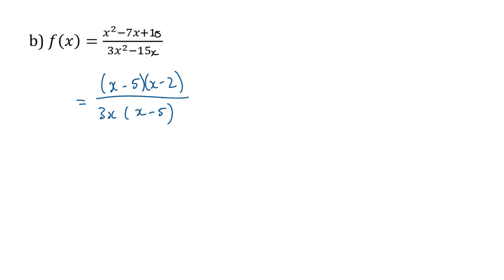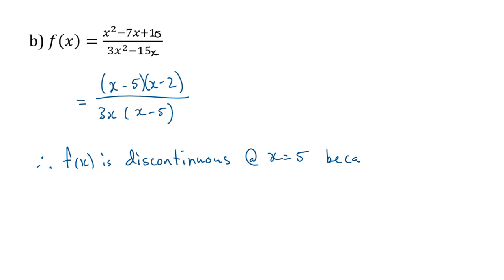Yep. It's discontinuous at x equals 5. Why? Because of the vertical asymptote. Nope. No, you cancel out the x minus 5. So what does that make it when you have it on top and bottom? It's a hole. So therefore, f at x is discontinuous at x equals 5 because of a hole.